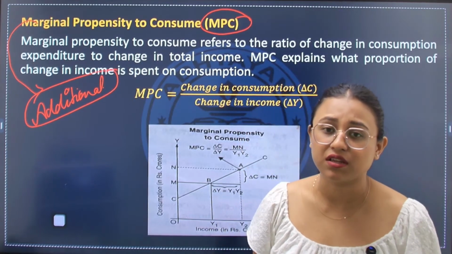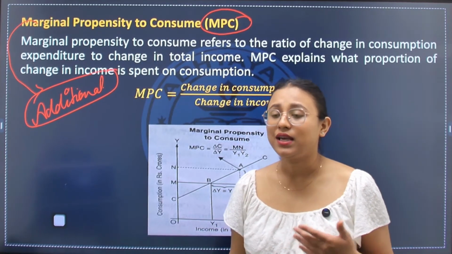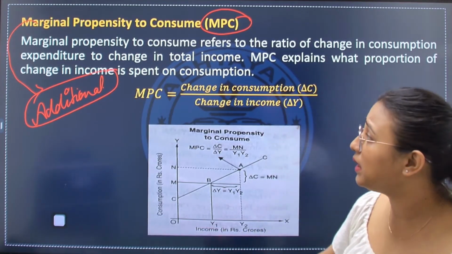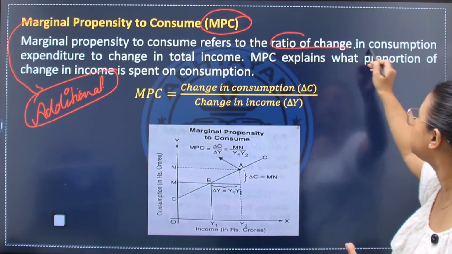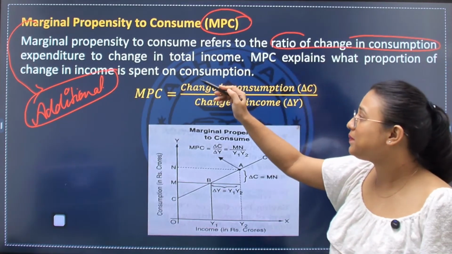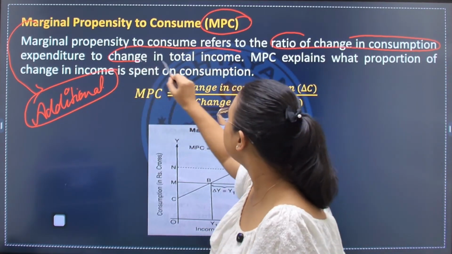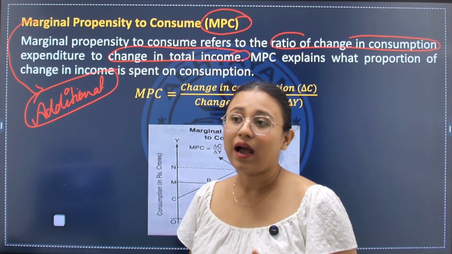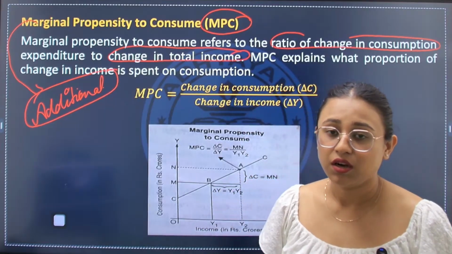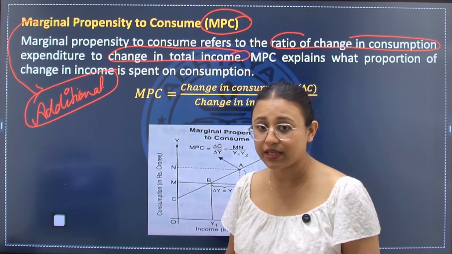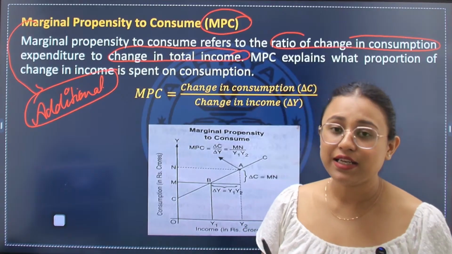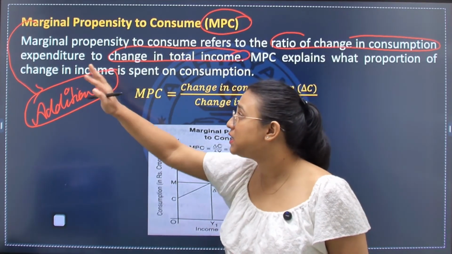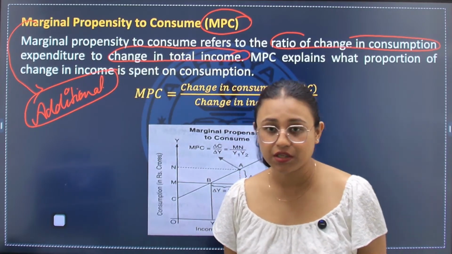Marginal propensity to consume refers to the ratio of change in consumption expenditure to the change in total income. Meaning, when there is an additional increase in total income, how much money an individual tries to spend on consumption is referred to as marginal propensity to consume.